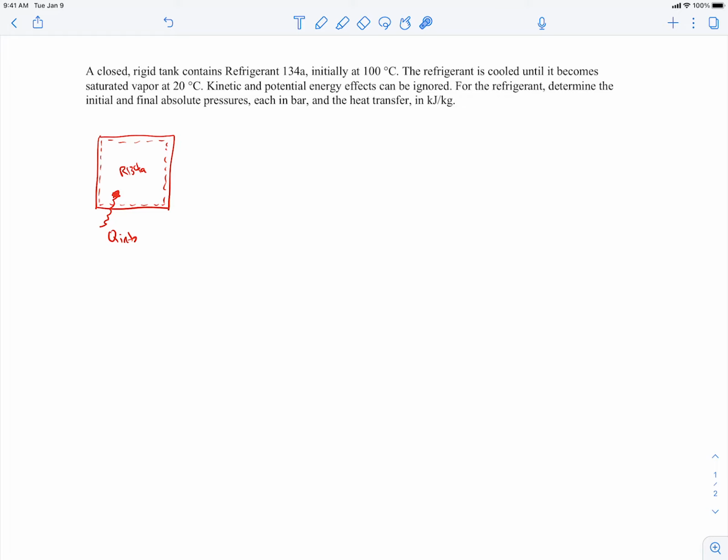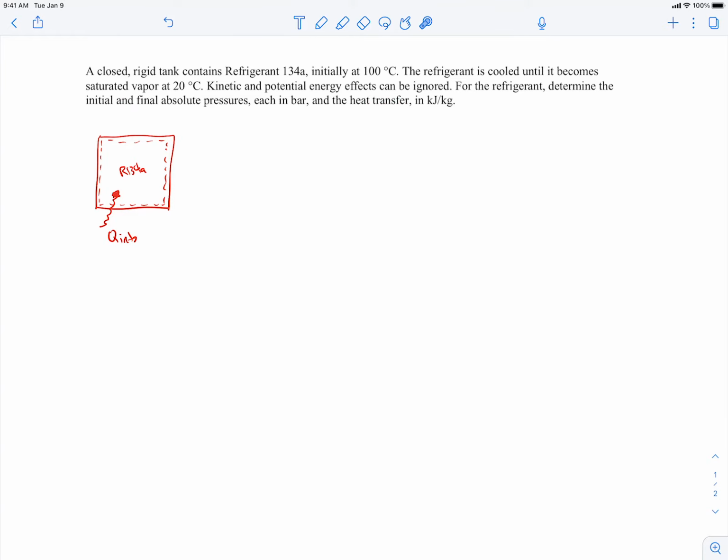I have the two pieces of information for state 2 because I know it's a saturated vapor. That's one piece of information, and I know the temperature, so that's the second piece of information. But at the initial state, I don't have that second piece of information just yet. But anyway, that's what I'll need to do to find the pressures at the initial and final conditions.